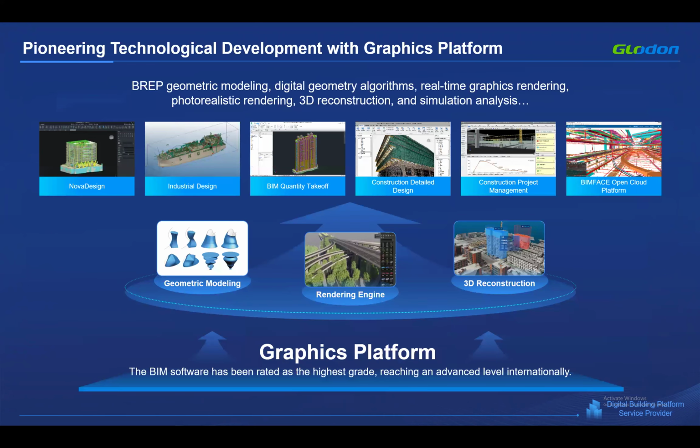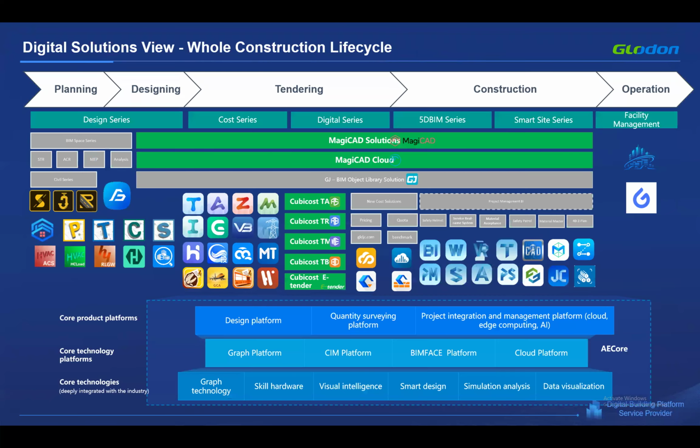And we have a lot of pioneer technologies. You can see Nova design, industrial design, BIM quantity takeoff, this is CubiCost, and construction detail design. We have plenty of software, around 137 software, and five of them are for quantity surveying. Some are design software, some are cost management software, and some are smart site management software.